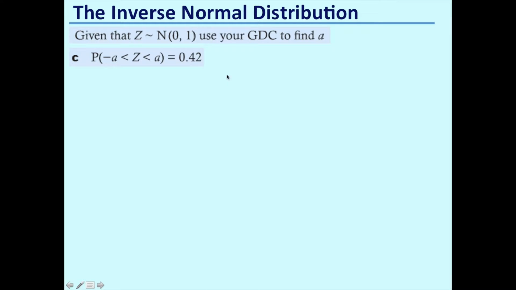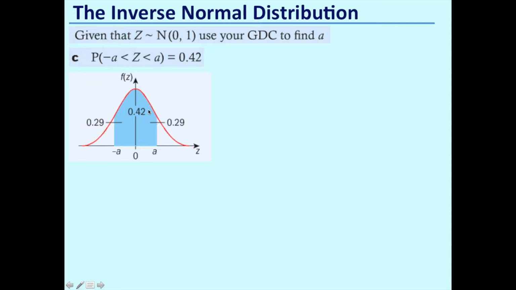Part C then, we're trying to find a value a such that the probability that z lies between plus and minus a is 0.42. So we're going to have to use some element of symmetry to find this out. Again, it's useful to start with a sketch. We know that the probability that z lies between these two values is 0.42.